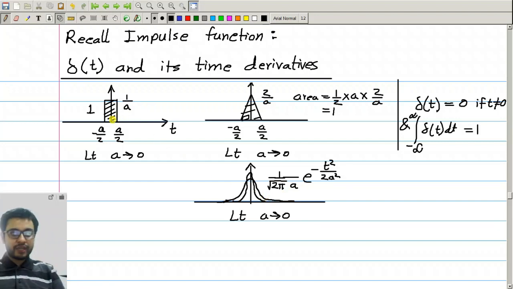So the delta function in general can have any arbitrary form like any of these, as long as the area under it is 1 and the function is 0 at any point away from the origin.